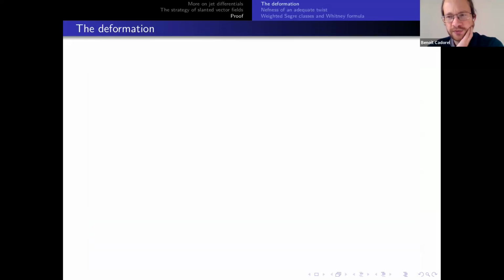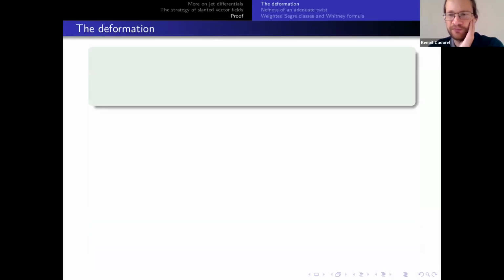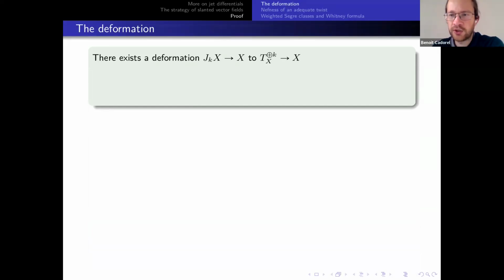So to do that, you can use a construction which was quite implicit, for example, in a lot of works of Thomae, which is related to the fact that there exists a deformation of the kth order jet space to a sum of k copies of the tangent bundle above X. So the first one is not a vector bundle, but it deforms to a vector bundle.